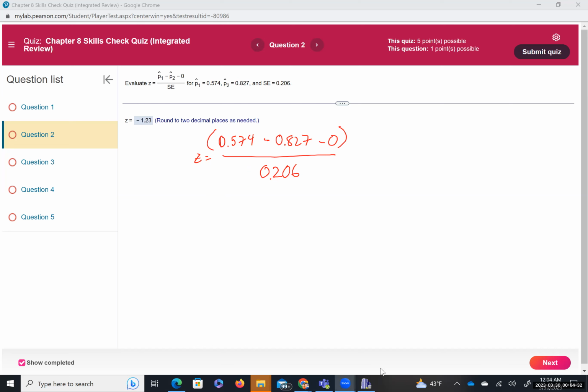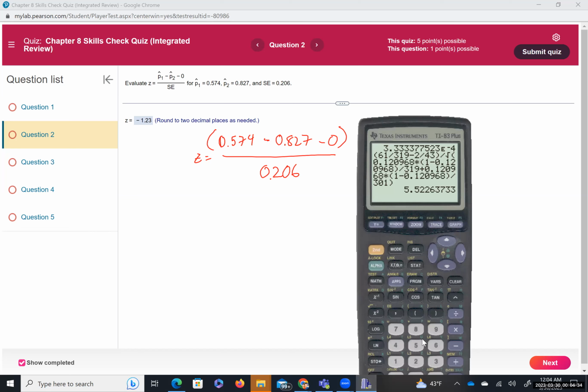So let me use the calculator to enter this one. 0.574, then minus 0.827. If I do division right now, what happens? If you divide by 0.206 like that, it will be a wrong answer.